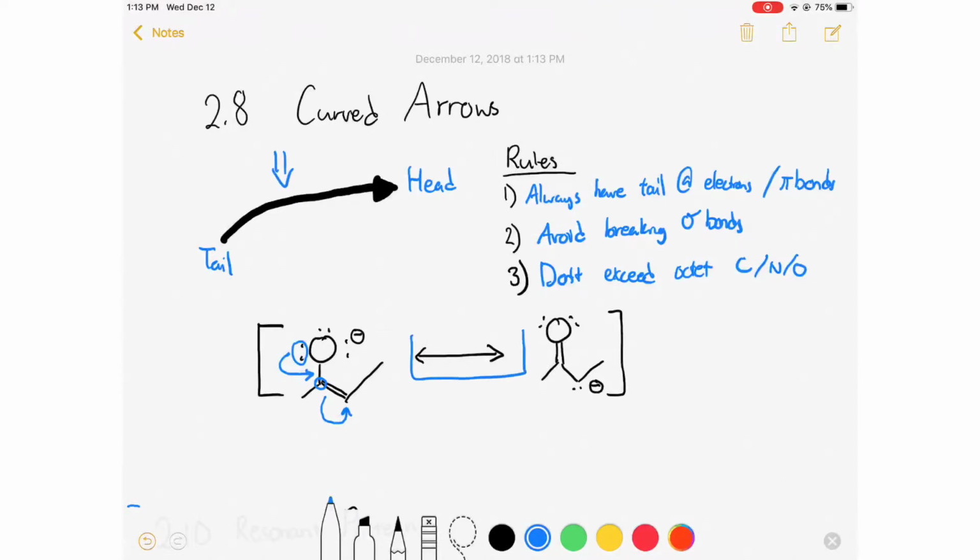And by the way, this is our resonance structure arrow. It shows that there is resonance, and that means that these 2 molecules would exist at the same time or shift in between each other.